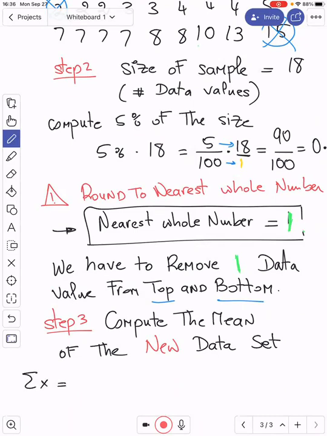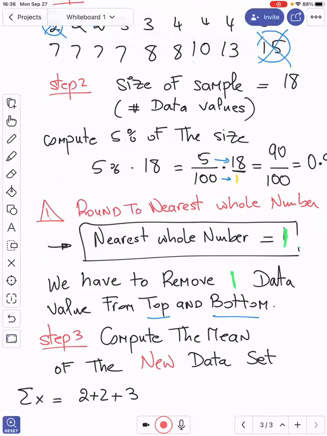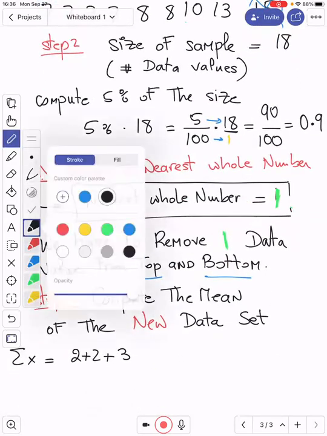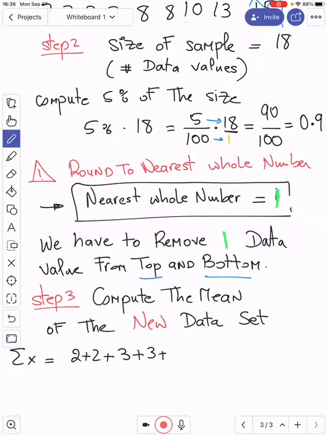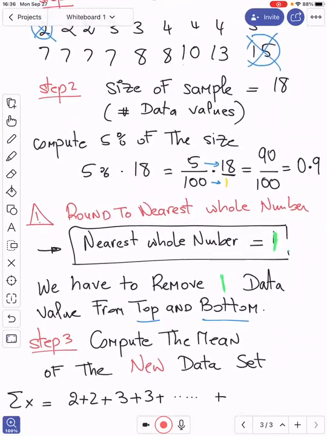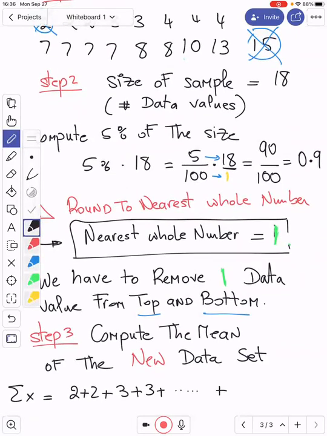So we're going to have 2 plus 2, and then plus 3, plus 3, another 3, etc. And the last number is not 15. The last number in the new data set would be 13, right? So plus 13.